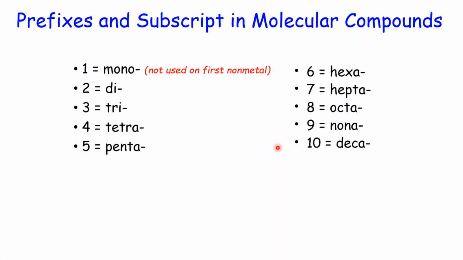We are going to need prefixes in this lecture. So we have 1 through 10. Those indicate the number of items in a formula or in a molecular compound. With 1 we say mono, 2 we say di, 3 tri, and so on and so forth.